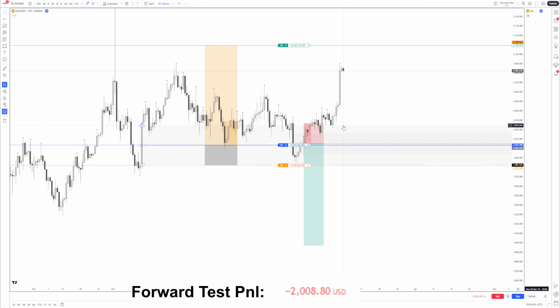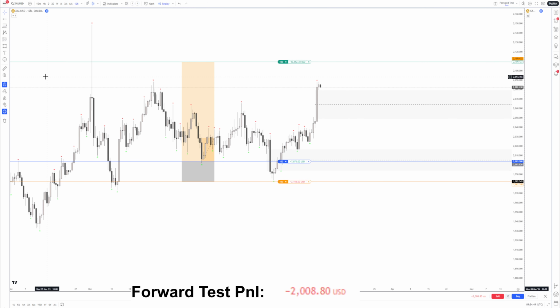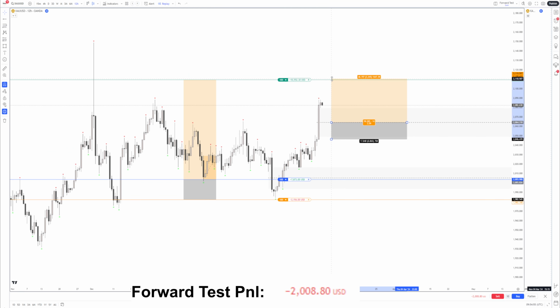We have got a new fair value gap that has just formed at the bottom here, right there. You can see. Let's get rid of that for a second. And this might even be another entry there, and it could be a 5 to 1 again if it allowed us. So let's see what happens.